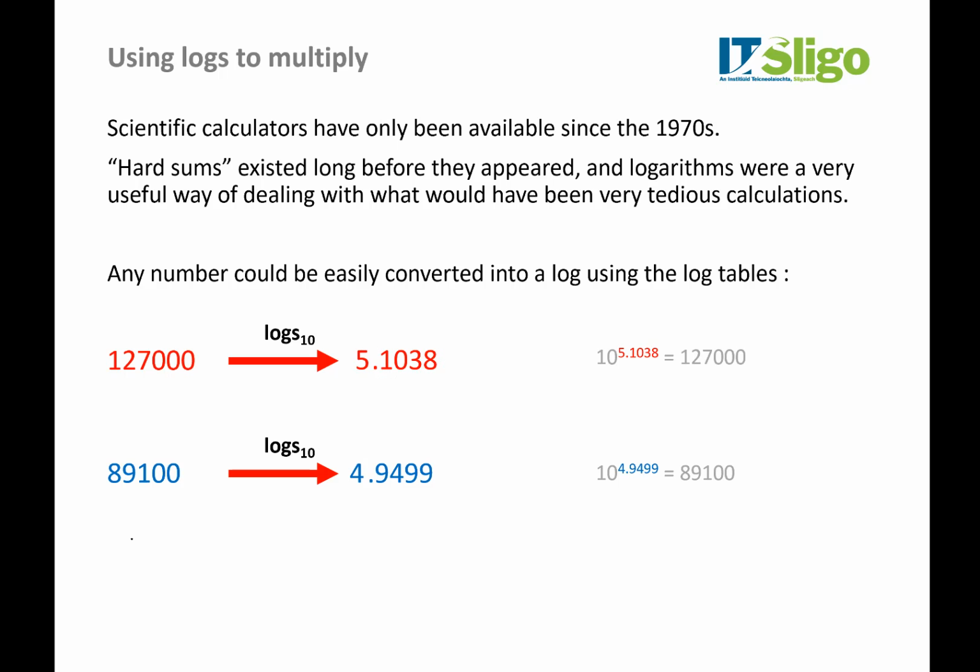Say if we were looking for what's 8910, because this is 10 to the power of 3, it would be 3.9499.